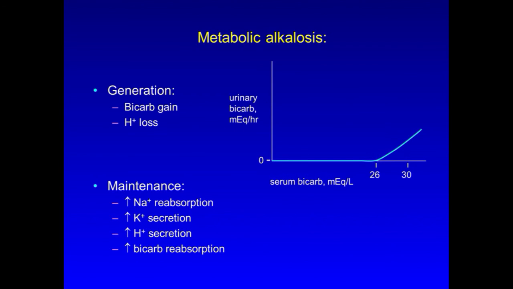So in summary, metabolic alkalosis may result from direct addition of bicarbonate to the blood or from generation of bicarbonate by hydrogen loss from the body. Once an alkalosis develops, it will automatically correct itself because the renal tubules have a maximum amount of bicarbonate that they can normally reabsorb from the filtrate, and increasing the amount in the filtrate only results in excess bicarbonate being excreted in the urine.